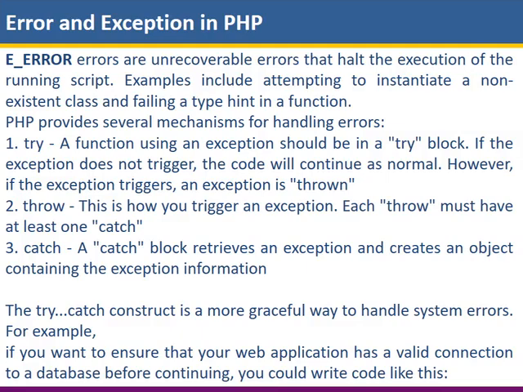A function using an exception should be in a try block. If the exception does not trigger, the code will continue as normal. However, if the exception triggers, an exception is thrown. The try block encloses code where an exception might occur.